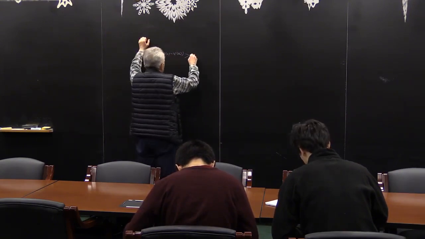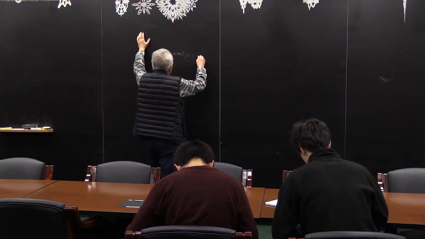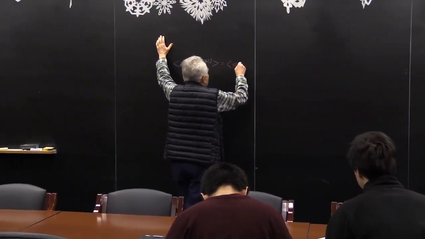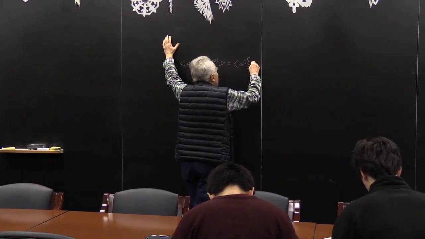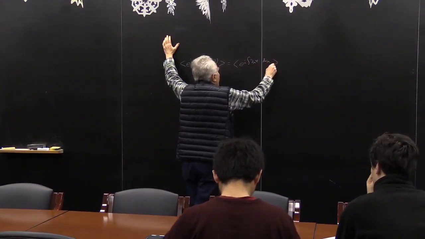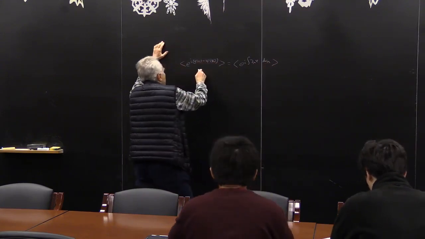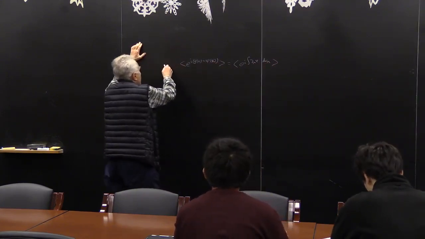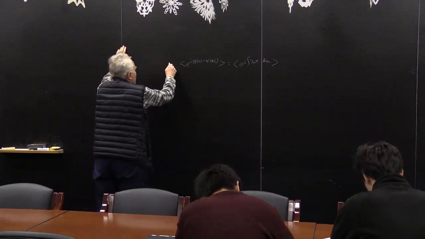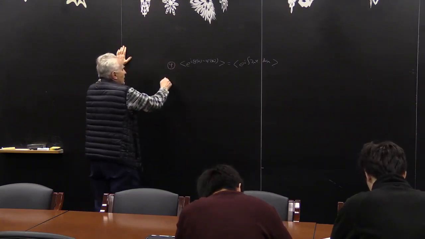We can also write it down as e to the integral of d mu phi dx mu, where the basic dynamical variable was the phase phi.